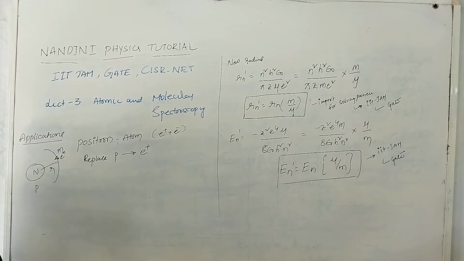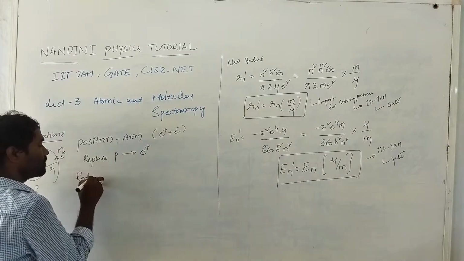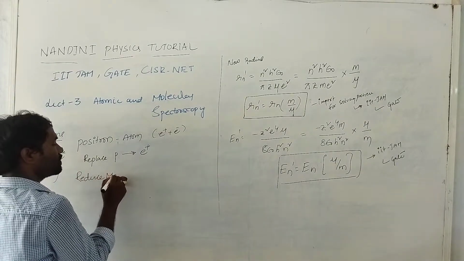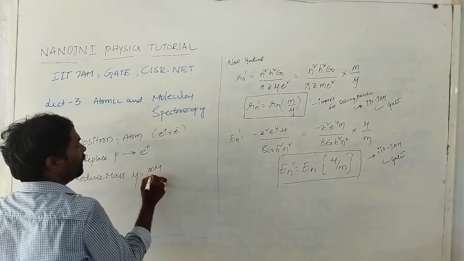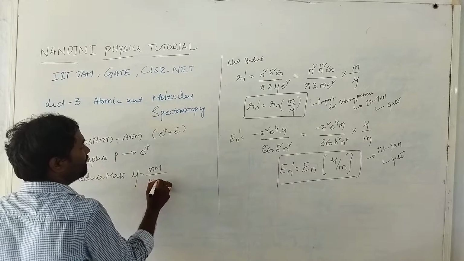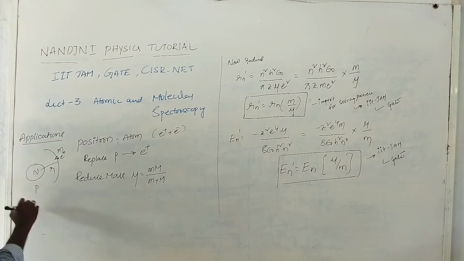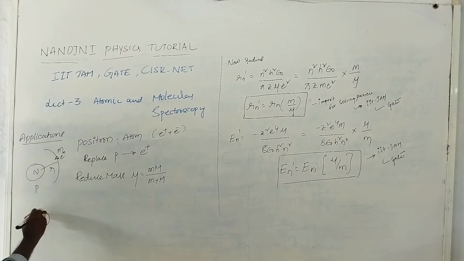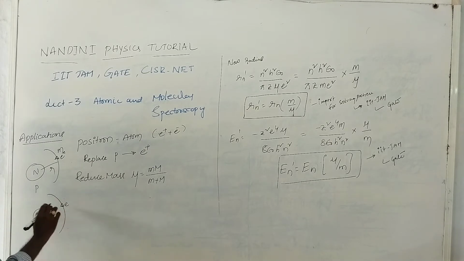Simply see, I want to find out the reduced mass for this positron atom. What is the reduced mass formula? Reduced mass mu is equal to small m capital M by small m plus capital M. Right now, if you replace, a new diagram will appear like that. This positron is considered to be the nucleus, and the electron is revolving around this positron.